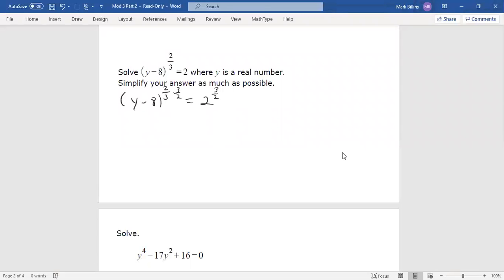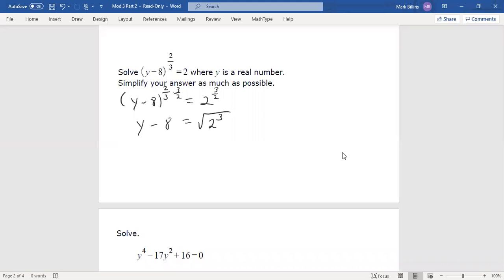So this becomes y minus 8 equals the square root of 2 to the 3rd power. Now, since we're dealing with the square root, as we talked about before, we would have two answers, the positive and the negative.